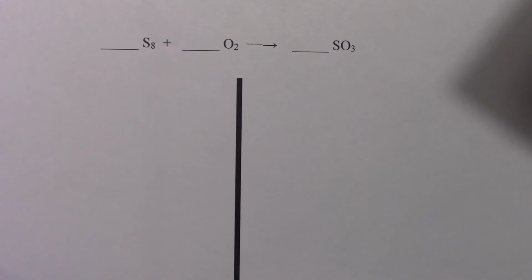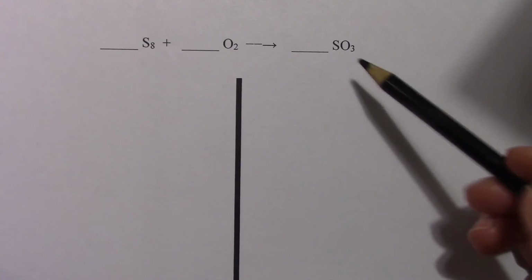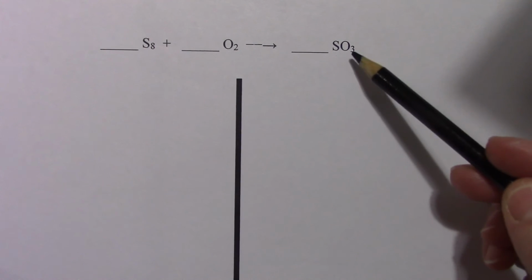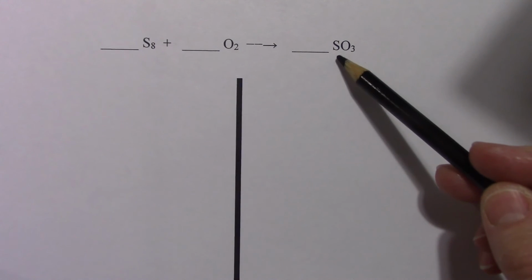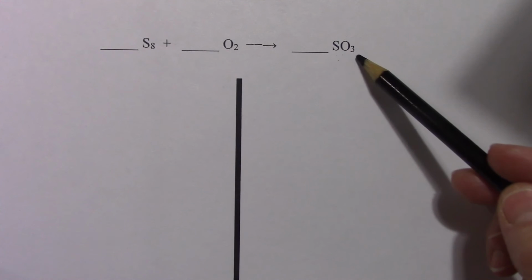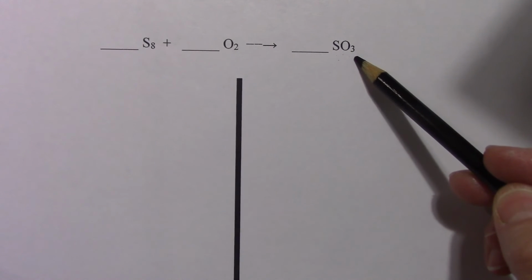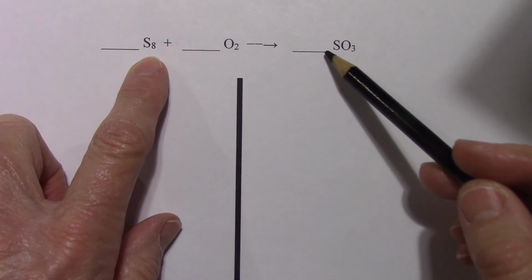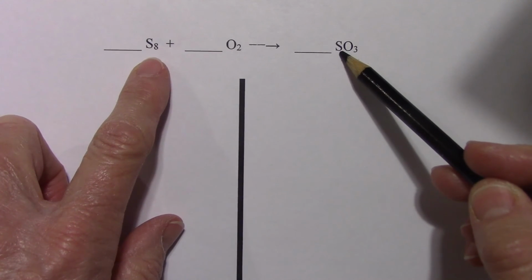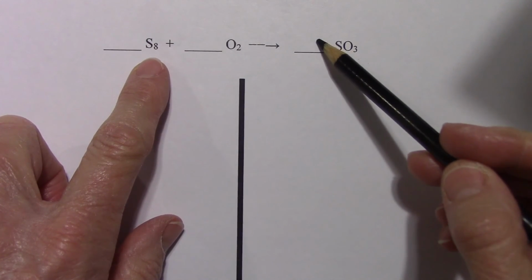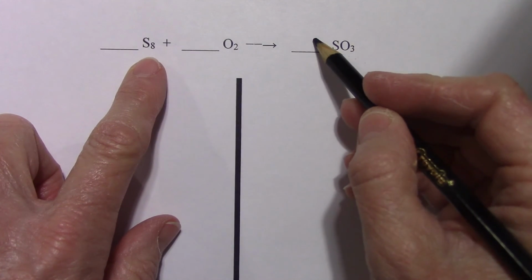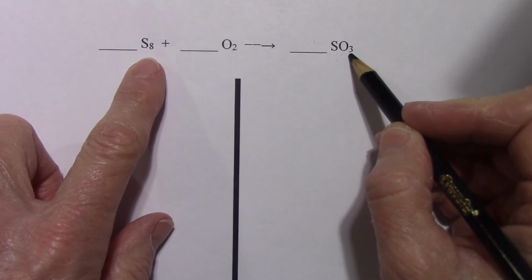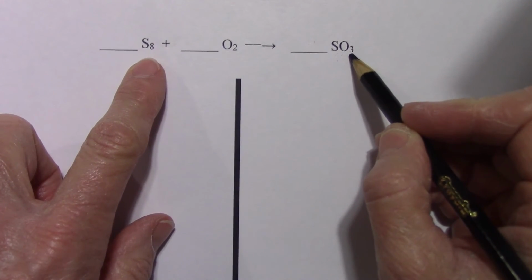But I also notice when I go to build this that this is SO3. So I'm going to have a sulfur and 3 oxygen together. And since I have 8 of these, I need 8 sulfur over here. So when I have 8 here, that gives me 8 times the O3. That's going to give me 24 oxygen.